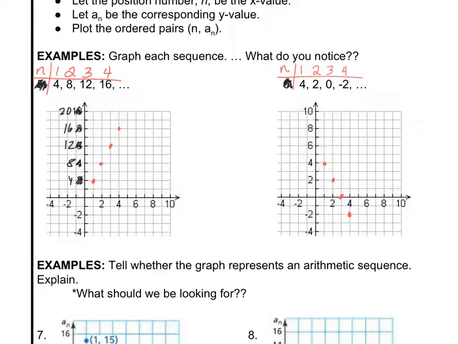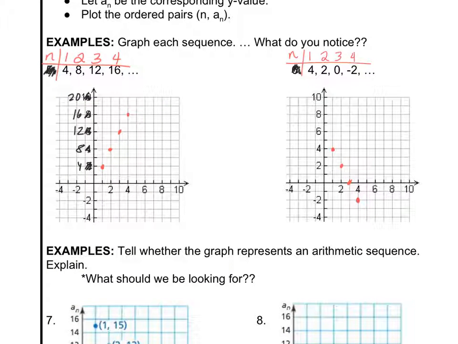What do you guys notice? Does anybody notice something? What does it kind of look like? It probably looks like something you've seen before.